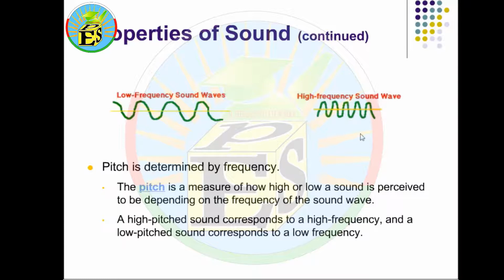So, high frequency, high pitch. Low frequency, low pitch. High frequency means the sound is high. Low frequency means the sound is low. High pitched sound corresponds to high frequency and low pitched sound corresponds to low frequency.